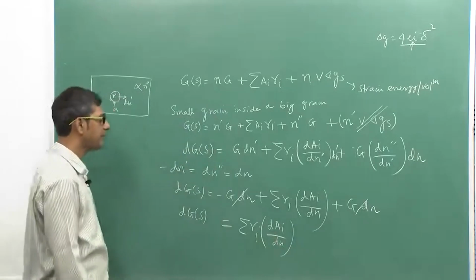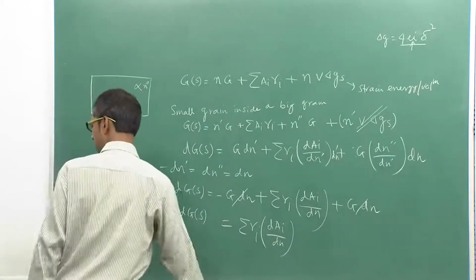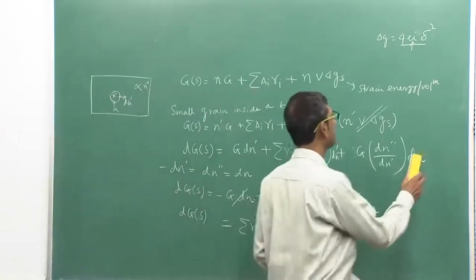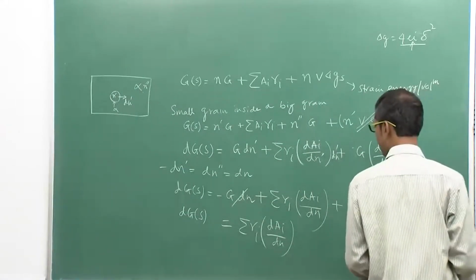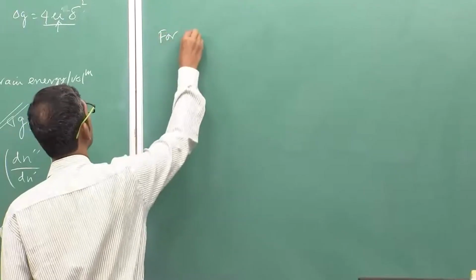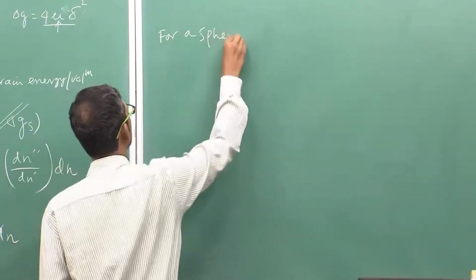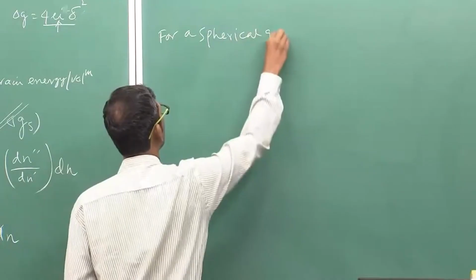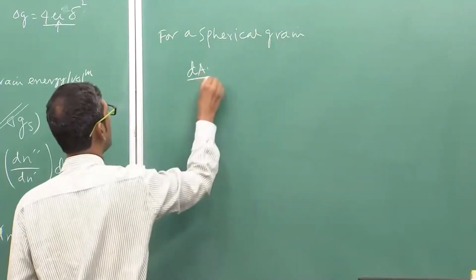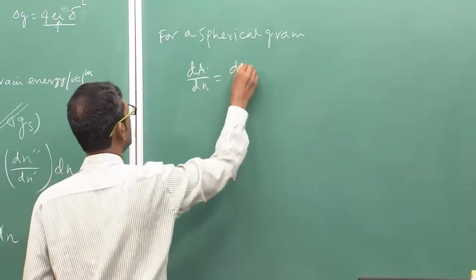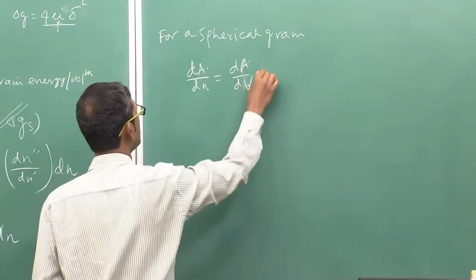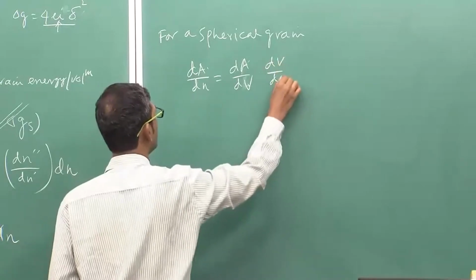Okay. Now, if we consider a spherical kind of grain, let me do it here. For a spherical grain, we can write dA by dN as dA by dV multiplied by dV by dN.